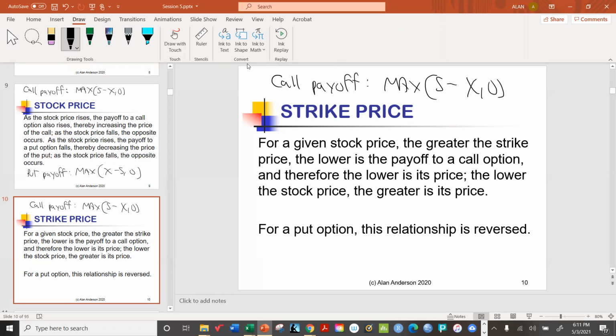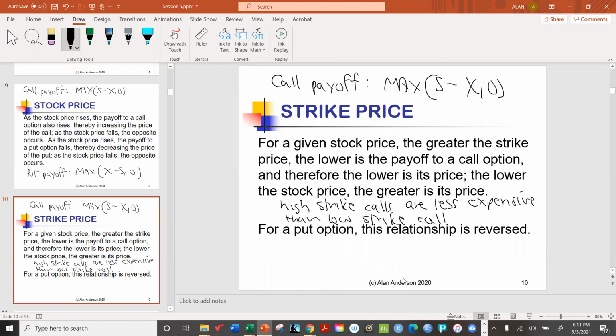So in other words, high strike calls are less expensive than low strike calls, because the calls with a low strike are more deeply in the money than the ones with the high strikes. So you can look at the pattern.